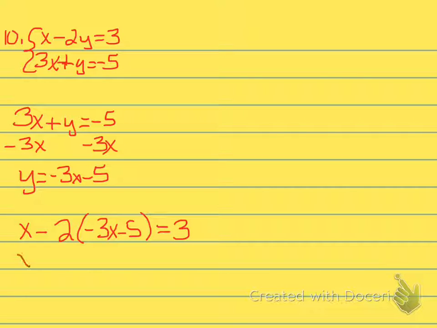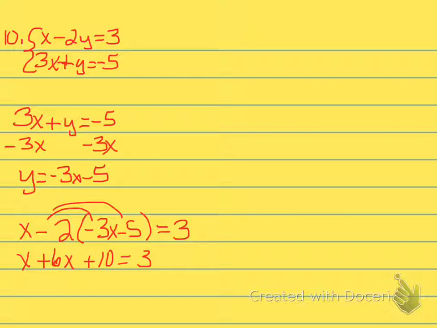Now, we're going to say x, and we're going to distribute that negative 2 inside the parentheses to the negative 3x, and then to the negative 5. That ends up giving us plus 6x and plus 10 equals 3.